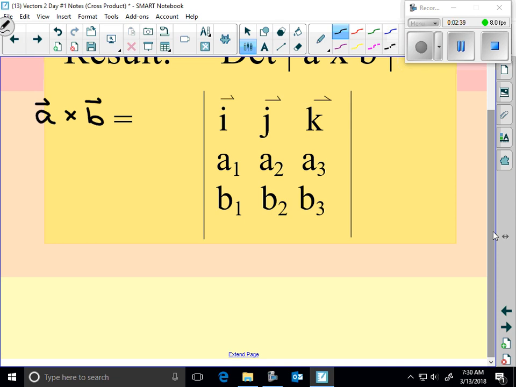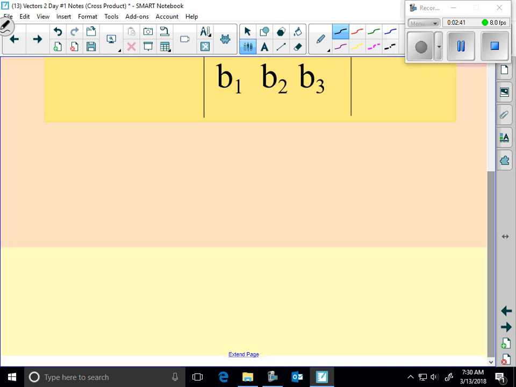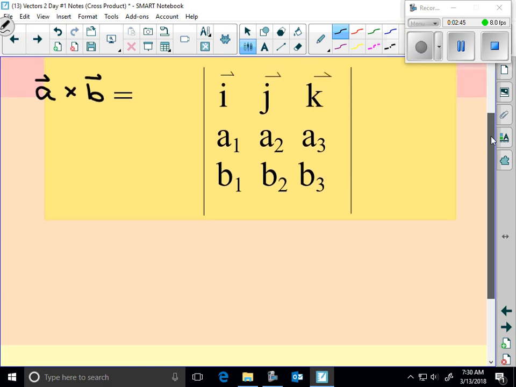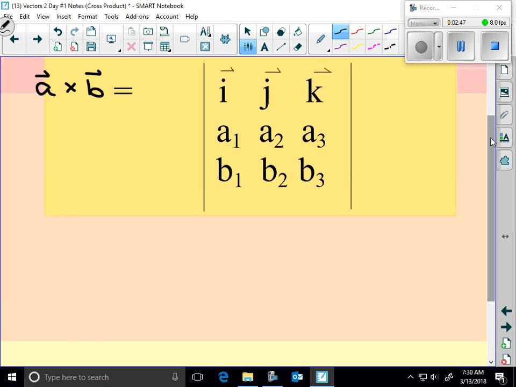You might remember this from some point in your math career, but when you multiply this matrix, I'm going to get three components out. So A cross B is going to give me three components because this will be a vector. I'll get an I portion. I'll get a J portion of this vector. And I'll get a K portion of this vector.